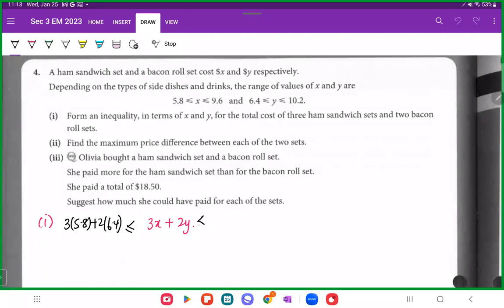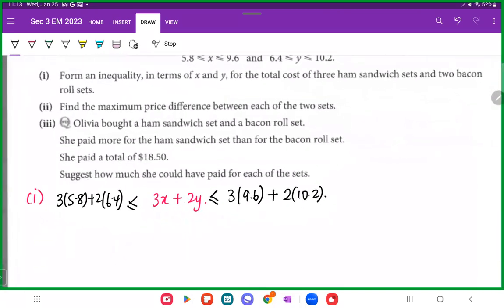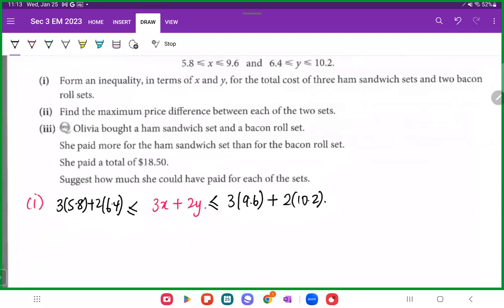Then for the extreme right, I will have the $9.60, which is the higher end, and the $10.20 for the y. Then with that, you simplify this, you should be able to get the range for the sandwich set and the bacon roll. Am I too fast?